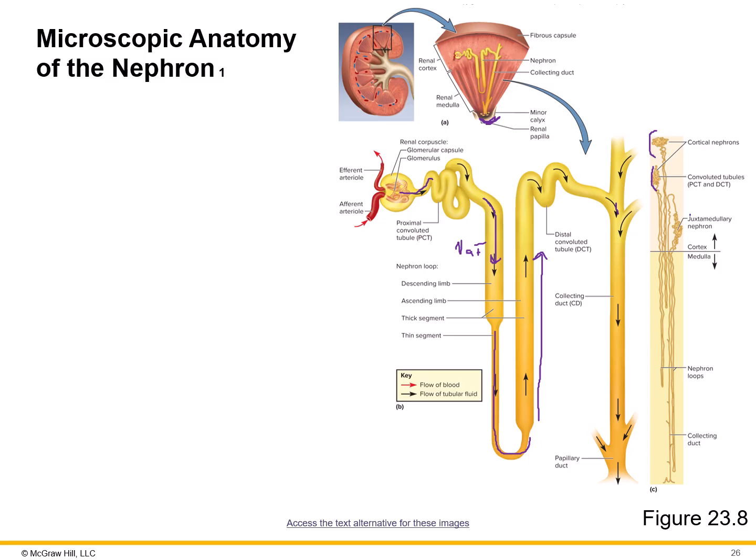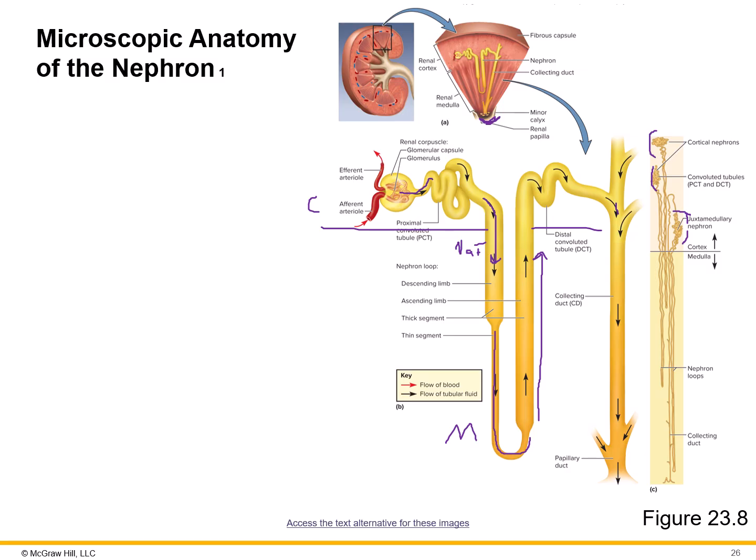But juxtamedullary nephrons, this one right here, the glomerulus and the coiled tubules sit in the cortex, but this loop of Henle sits almost entirely in the medulla. So that's how you tell the difference between these two nephron types: look for that loop of Henle and see how far it extends into the medulla.